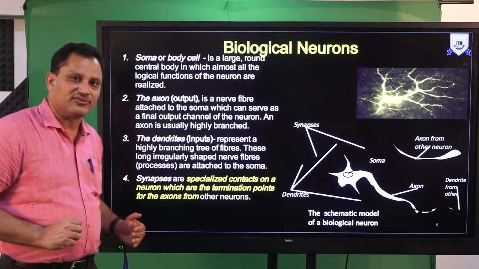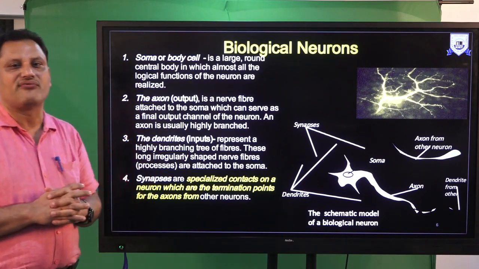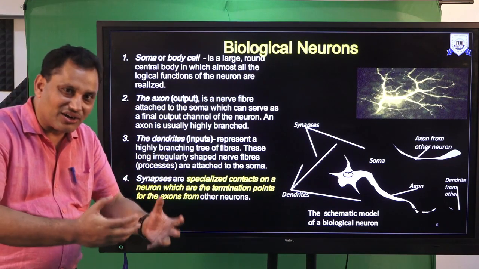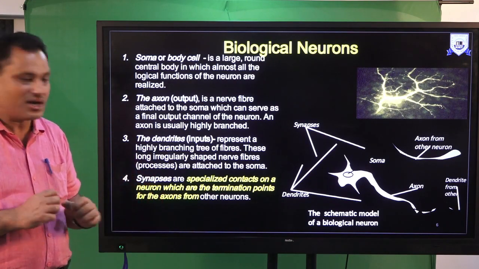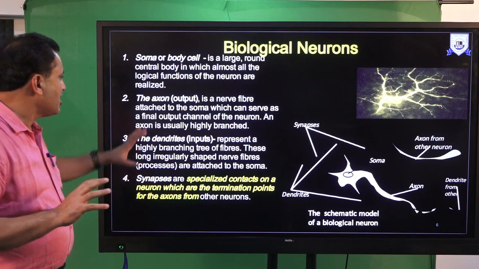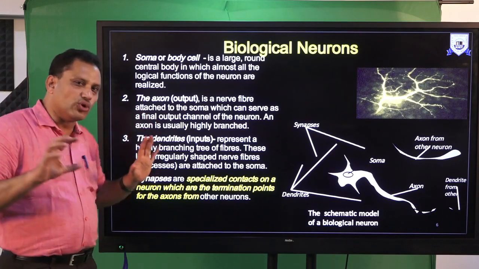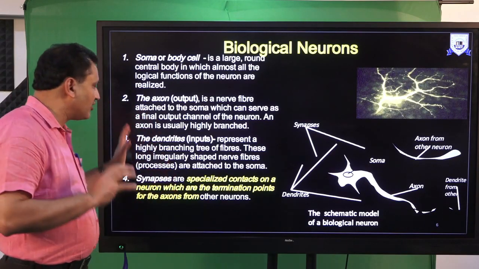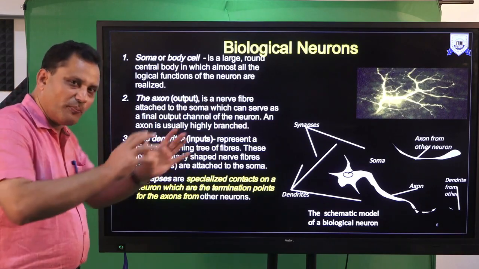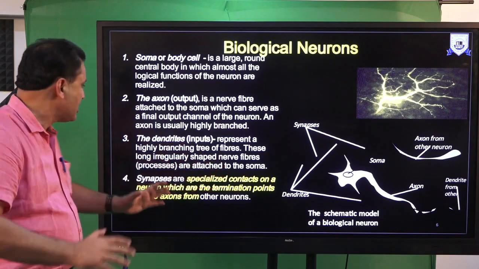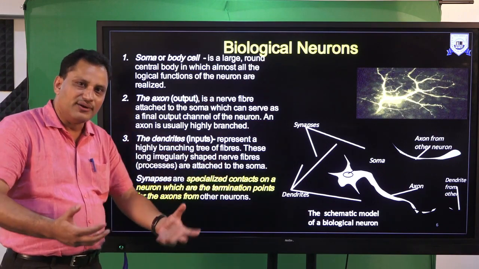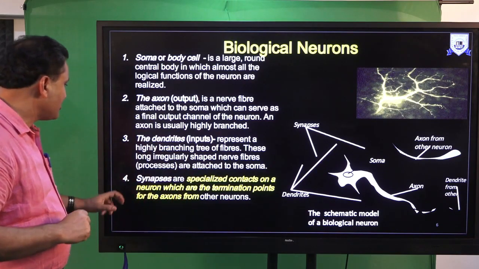What is the role of dendrites? Dendrite is also a fibrous structure, but it receives the input. All right, let me repeat it again. Axon and dendrite both are fibrous structures. The axon is responsible for passing the signal to another neuron, and the dendrite is responsible for receiving the signal, right? Then the synapse.